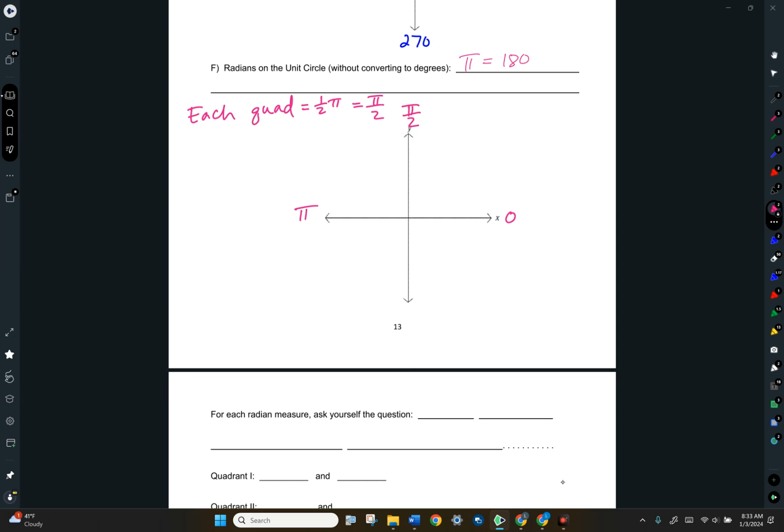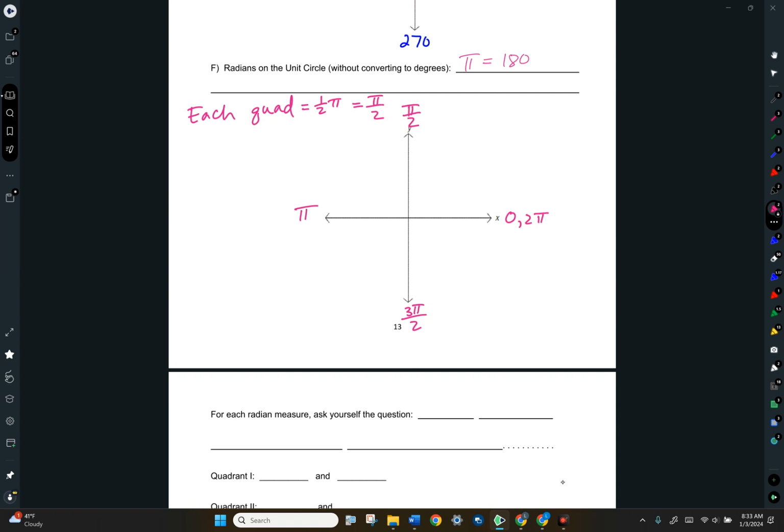The second quadrant is pi, then I have another half, so that would be 1.5, but we always use improper fractions, not mixed numbers. So we would say 3 pi over 2. And if I had another half, then I'm back over here to 2 pi.